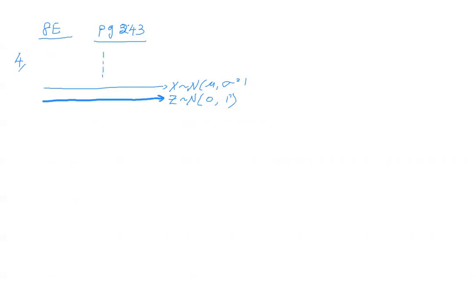So this is the mean and this is 0. So this is mean plus 1 standard deviation. This is 1. Mean plus 2 standard deviation, that is 2. Mean minus 1 standard deviation, that is negative 1.